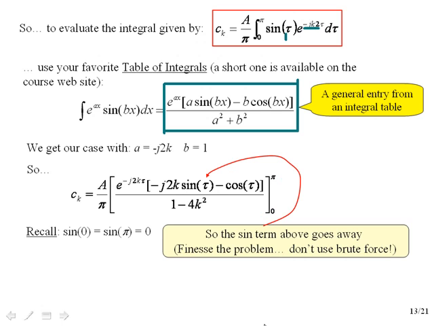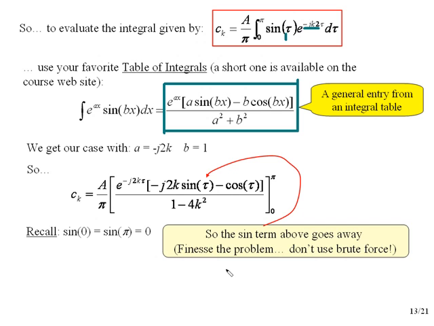But before we go off and do any of this brute force, you always want to try to finesse the problem and look for shortcuts. Don't just blindly plug things in. Don't just blindly evaluate things with your calculator. You'll end up taking a lot more time than you need to, and you'll miss important insights.